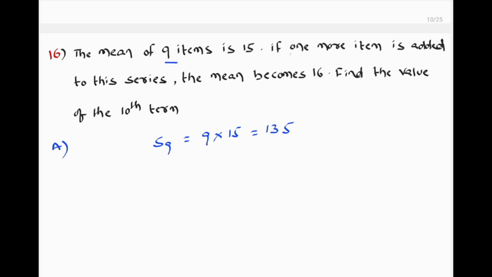Now if one more item is added, the 9 items on addition will become 10 items. So the sum of the 10 items will be equal to 10 into the average 16, which is 160. Now we have to find the value of the 10th term. So the 10th term value will be 160 minus 135.